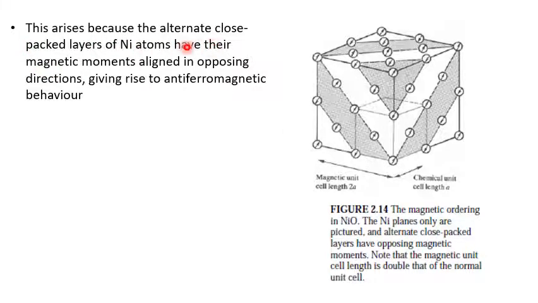This arises because alternate close-packed layers of nickel atoms have their magnetic moments aligned in opposite directions, giving rise to antiferromagnetic behavior. Below this temperature, that is 120 Kelvin, nickel atoms show antiferromagnetic behavior, and antiferromagnetic behavior is due to the reason that in the layers the electrons have spins in opposite directions.